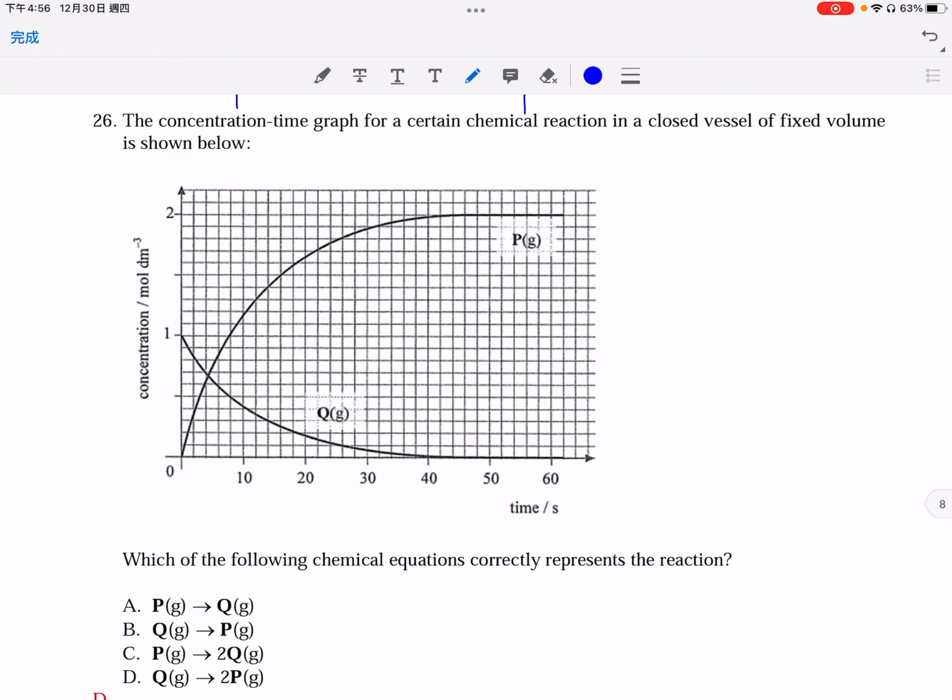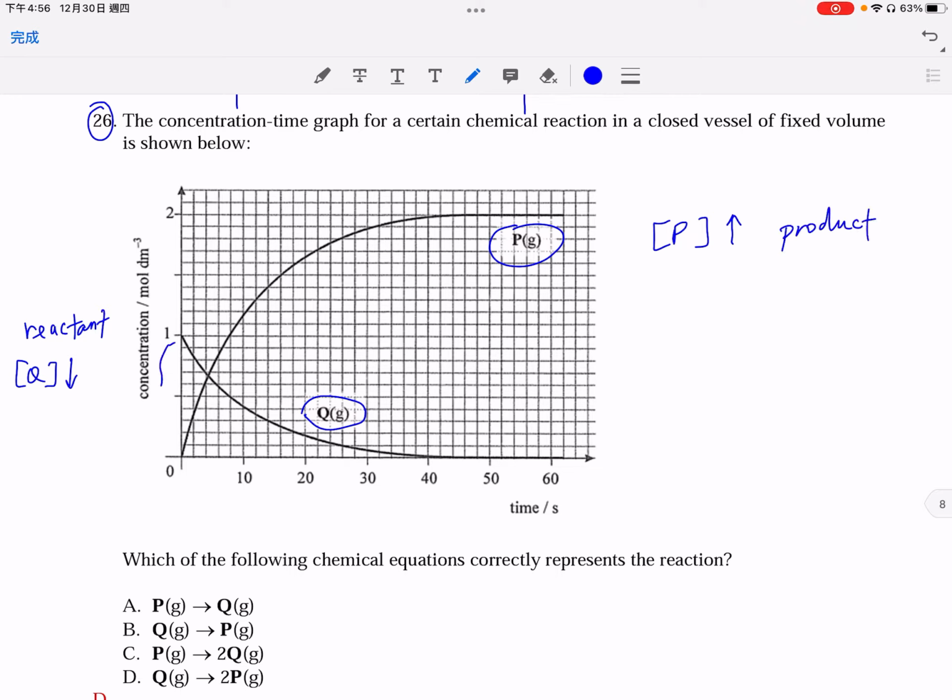Question number 26. For this reaction, first of all, you notice that the concentration of Q is decreasing. Therefore, Q is in fact the reactant. And of course, the concentration of P is increasing. Therefore, P is the product.